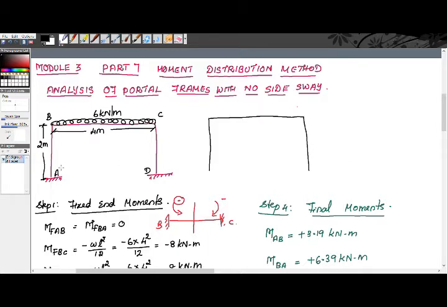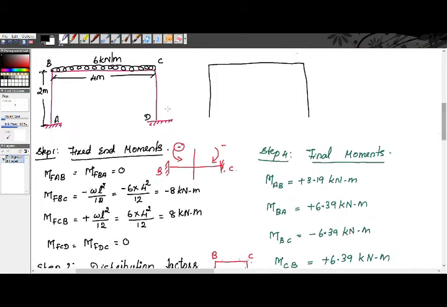So you take the span AB. Considering the span AB, this is A and this is B. MAB is clockwise plus 3.19, right? It is clockwise, so we will draw a clockwise. It is pointing towards the right.